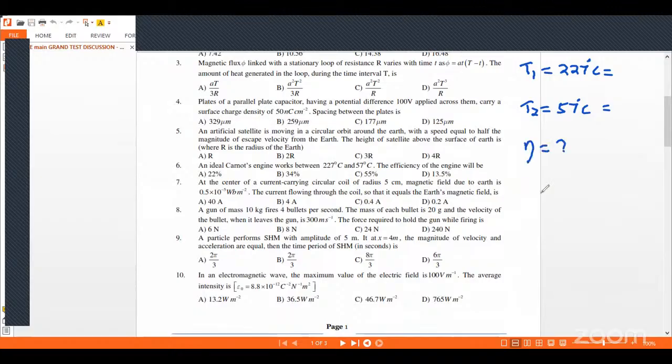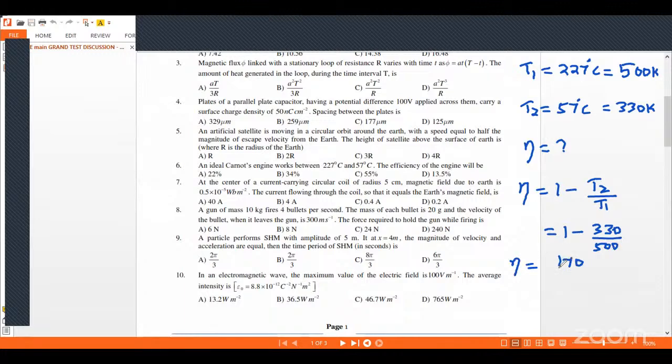Efficiency of Carnot cycle is 1 minus T2 by T1. 227 converted into Kelvin is 500 Kelvin. 273 plus 57 is approximately 330 Kelvin. So it is 1 minus 330 by 500, that is eta equal to 170 by 500.